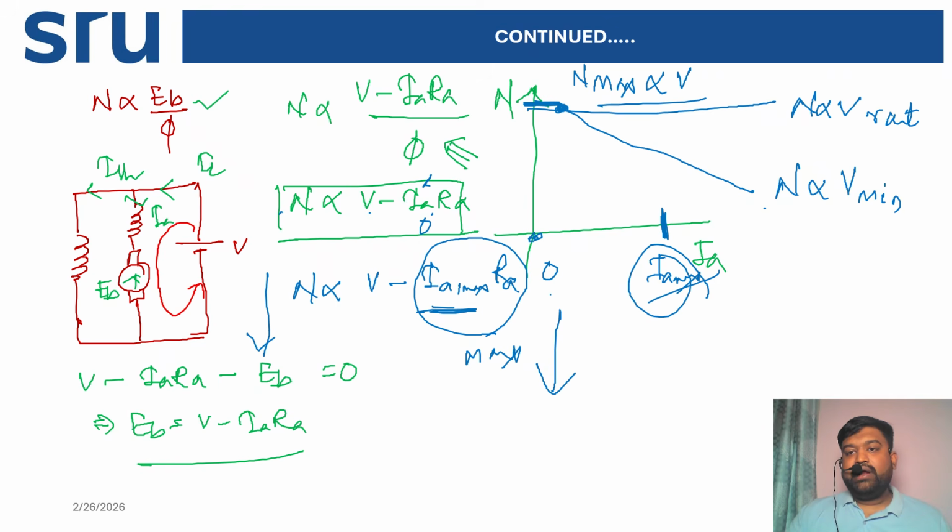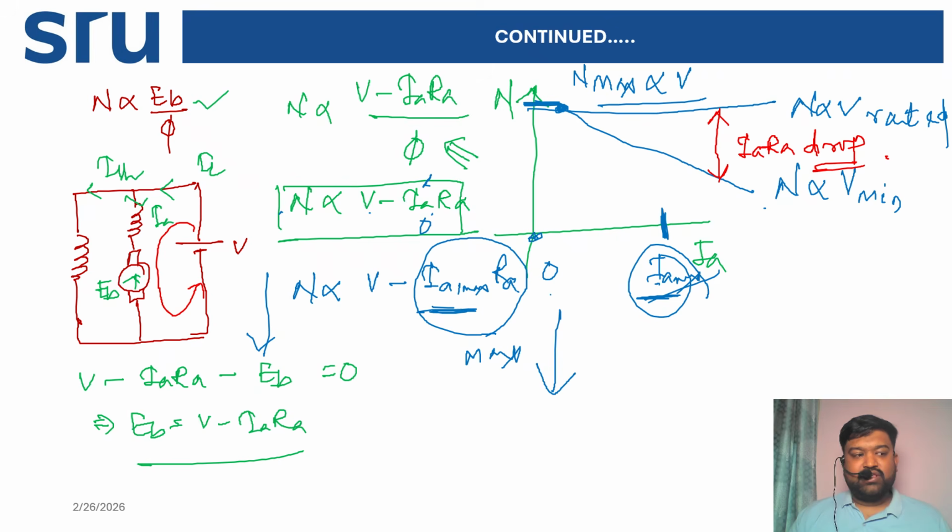With the increase of the current, the drop will increase, by which the speed will decrease. The decrease of speed depends upon IARA. This is all about your electrical characteristics.